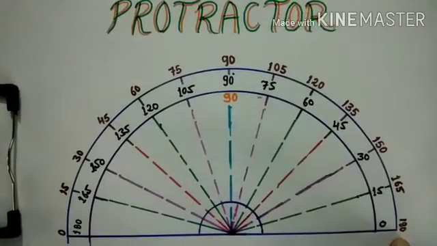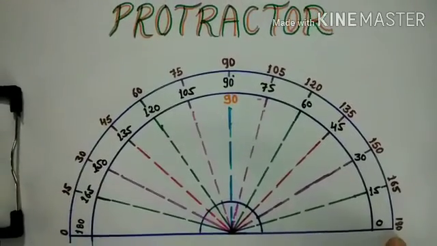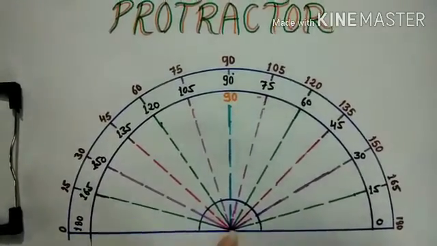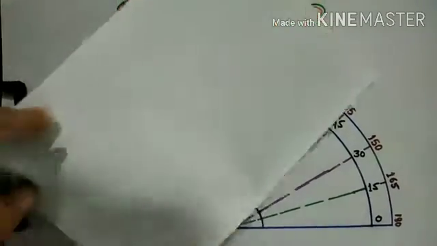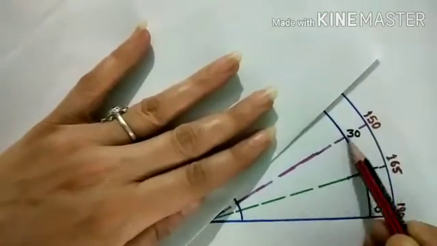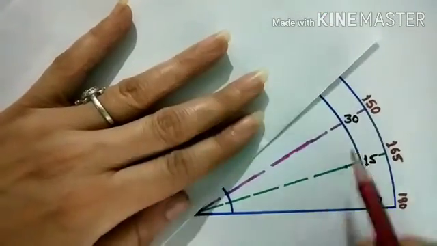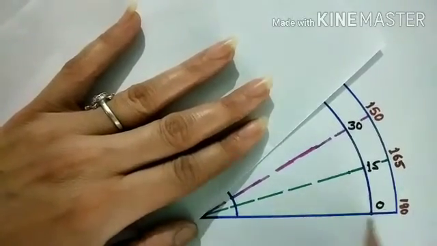Students, we have two types of angle, from the left side and from the right side. If we want to measure this angle, this is the vertex and these are two rays, the first is that and the second is that.